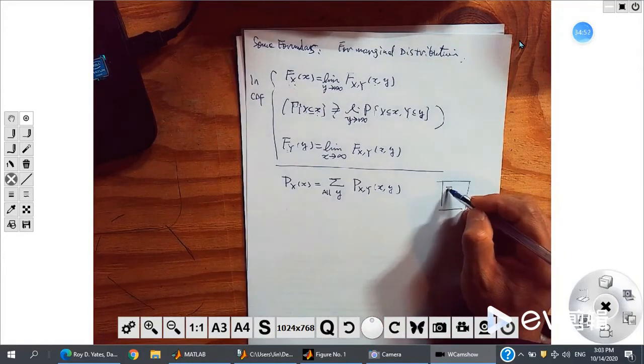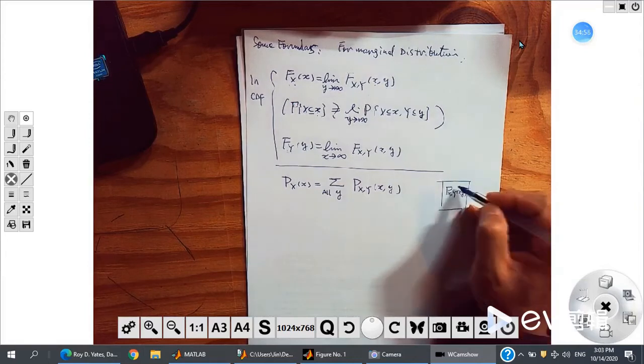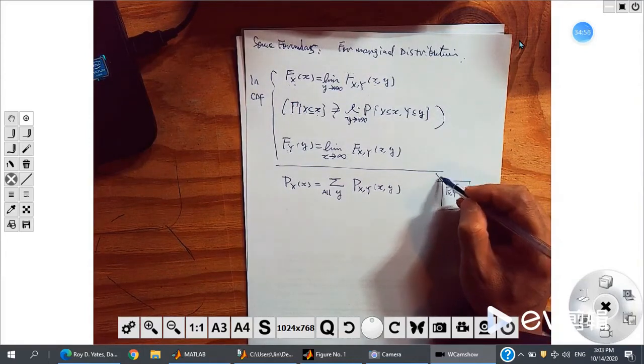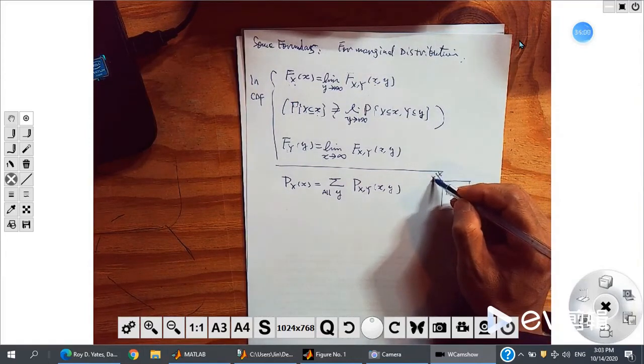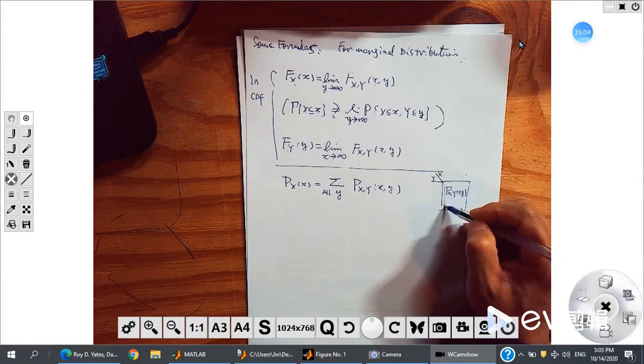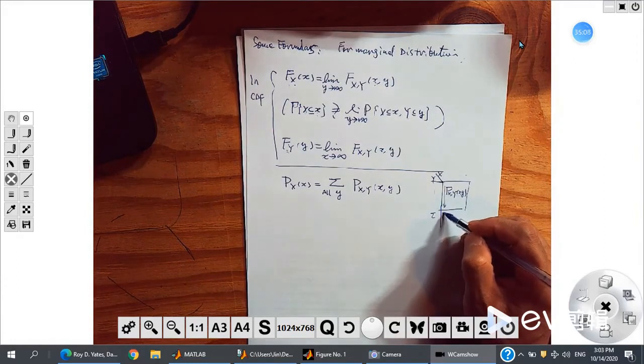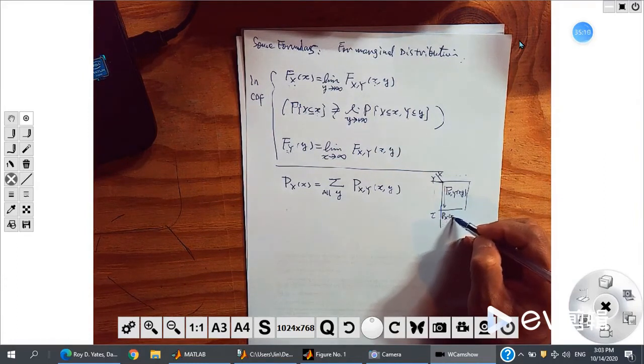Here's a p, x, and y in the middle. Suppose this side is x, this side is y. X has different values. We do summation in this direction, then here will be px of x.